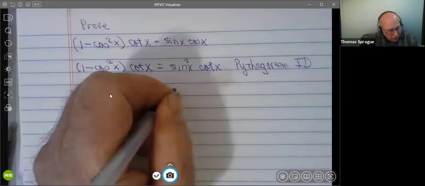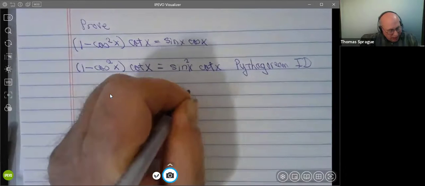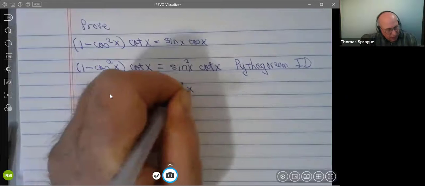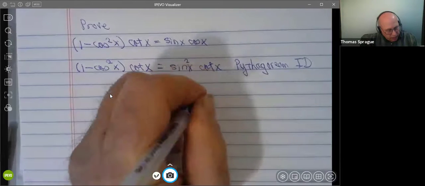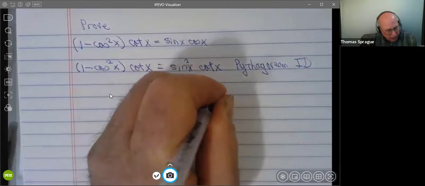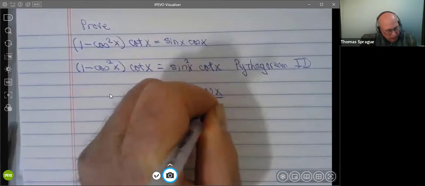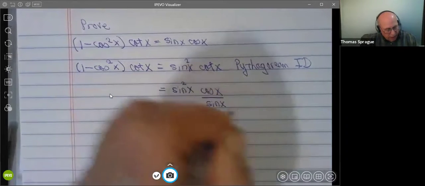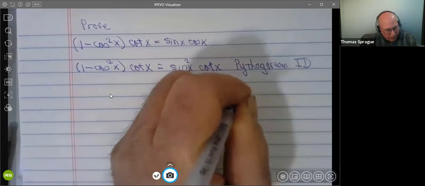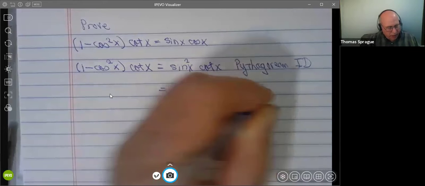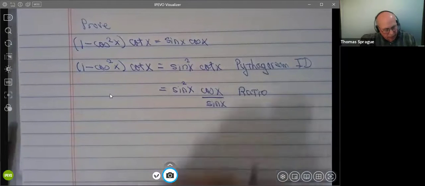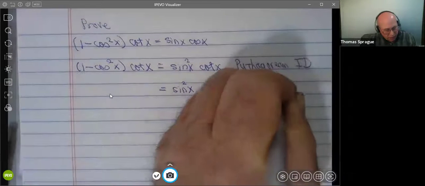So first of all, actually, well, let's just do it this way. Cotangent is cosine over sine. And I think that Alex likes to call those the ratio identities.